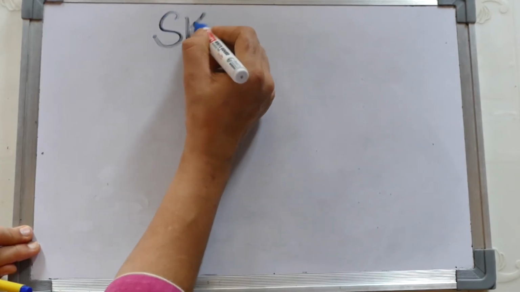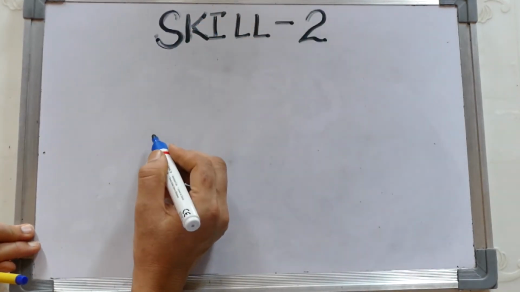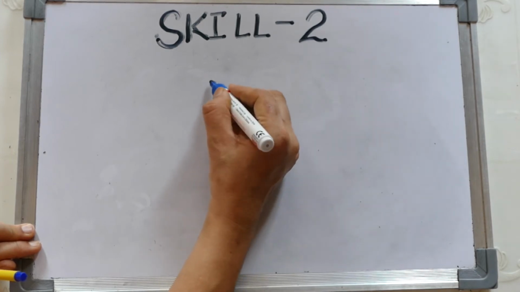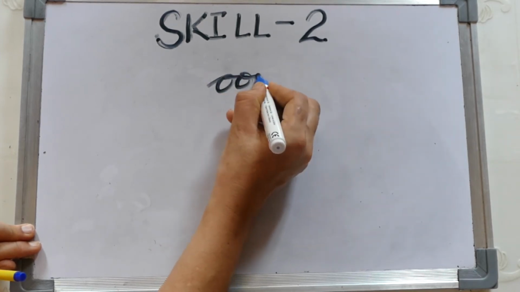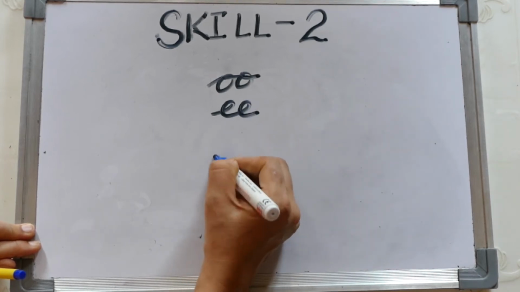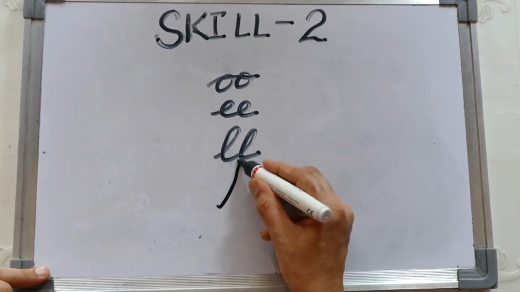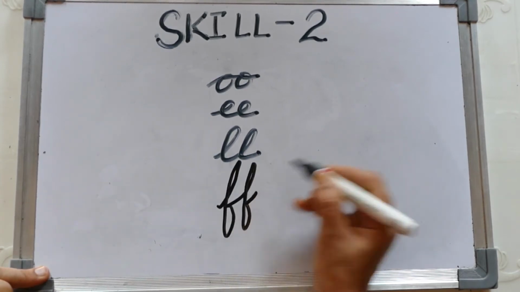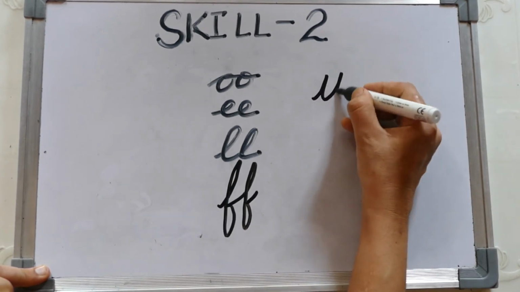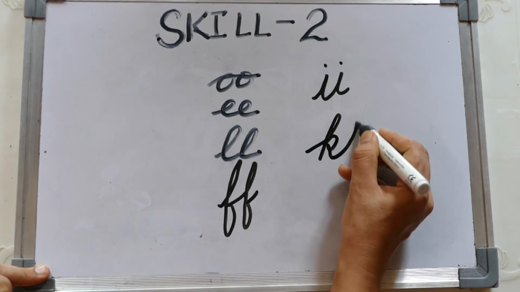Now skill number 2. Skill number 2, in while reading, double O is written, double E is written, double L is written, double F is written, double I is written, double K is written.